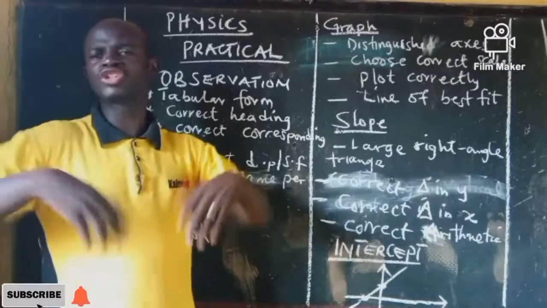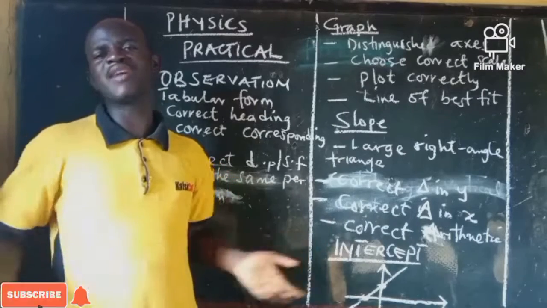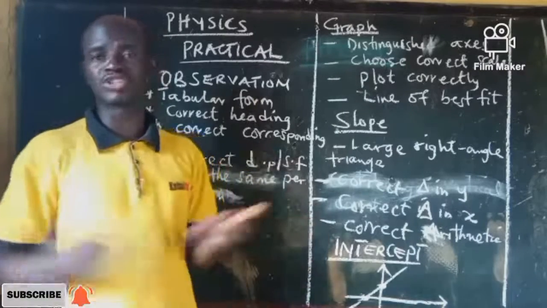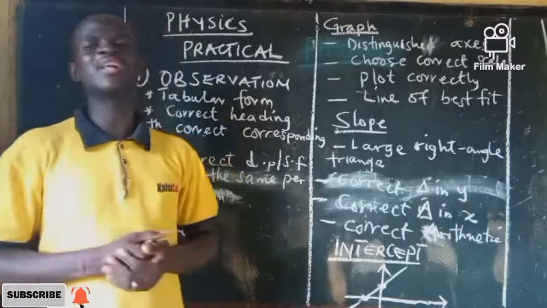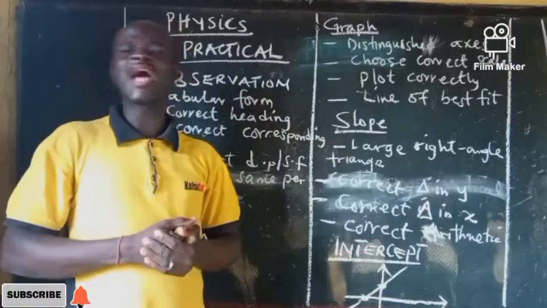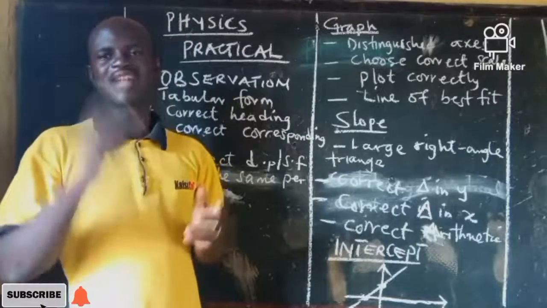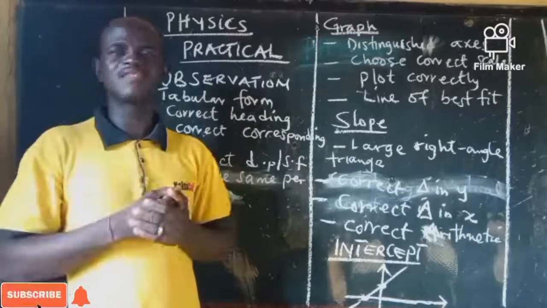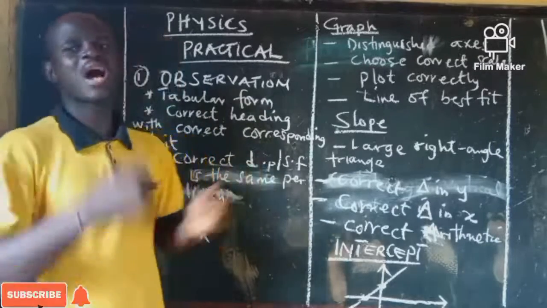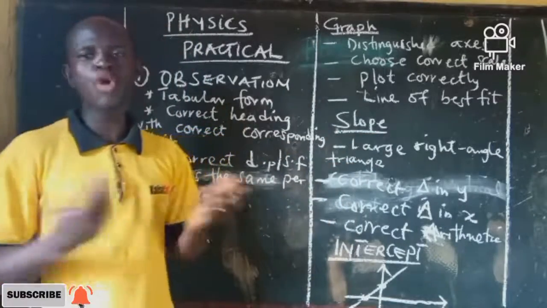Maybe you need to avoid drafts in experiments that can be affected by drafts. You need to take note of that. So whenever your line is just passing through 2 points, it is an indication that you have not really performed the experiment correctly.